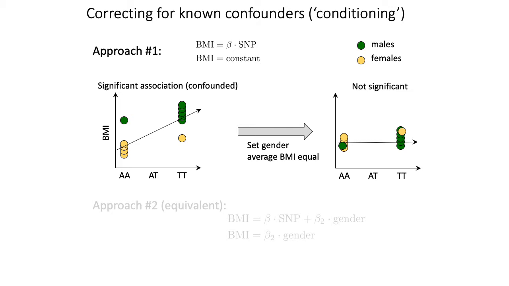The general idea here is that the power of these GWAS studies stems from the fact that your SNPs, your genotypes, are generally determined at the time of conception.